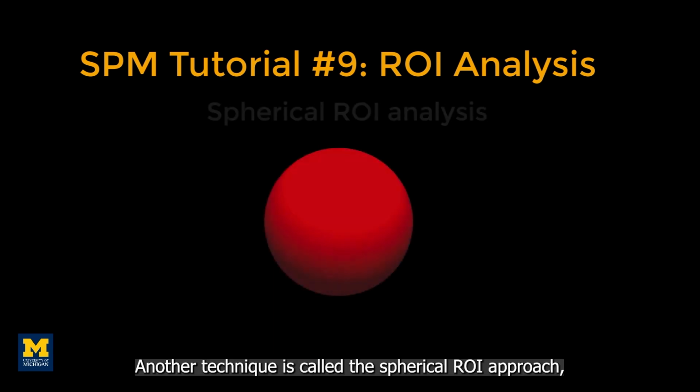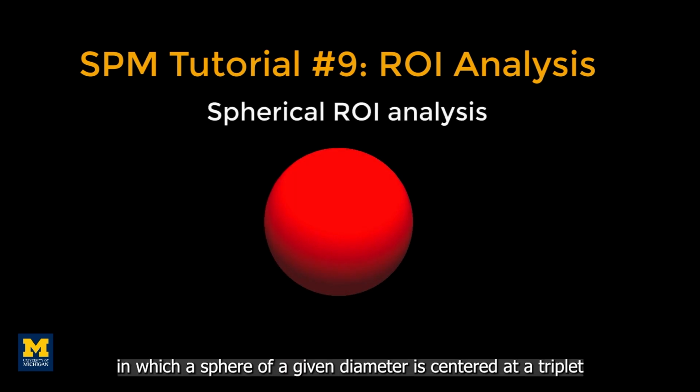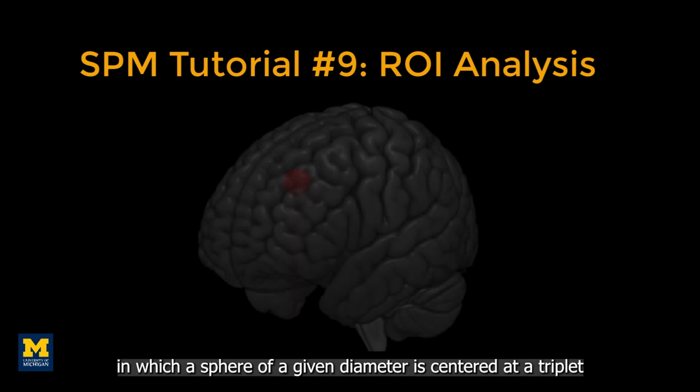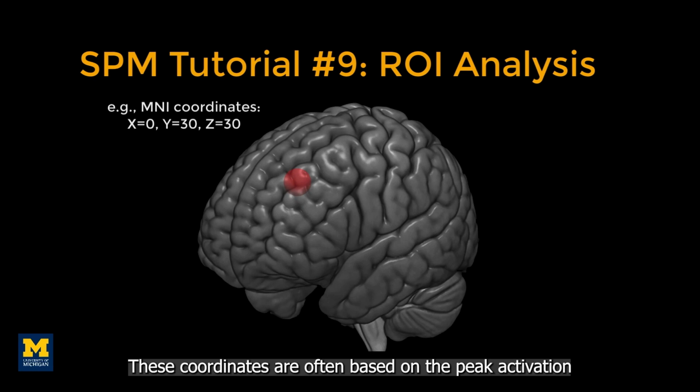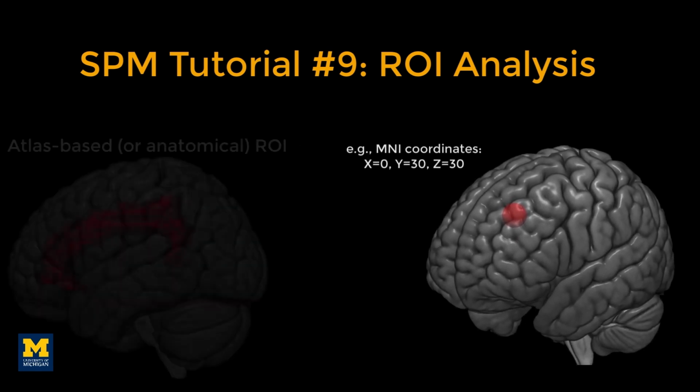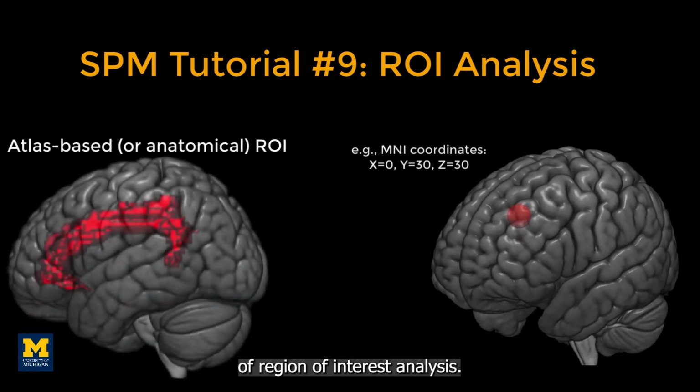Another technique is called the spherical ROI approach, in which a sphere of a given diameter is centered at a triplet of specified x, y, and z coordinates. These coordinates are often based on the peak activation of another study that uses the same or a similar experimental design to what you are using. In this tutorial, you will learn how to do both types of region of interest analysis.